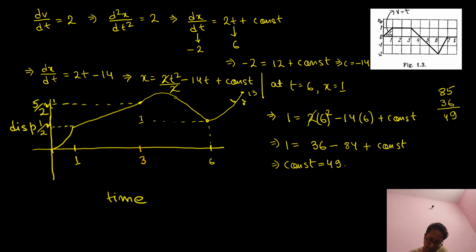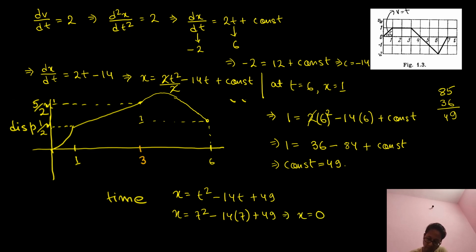If I rewrite this equation, x is equal to t square minus 14t plus 49. At t equals 7, if I input 7 in this equation, x is equal to 7 square minus 14 into 7 plus 49, or x is equal to 0.